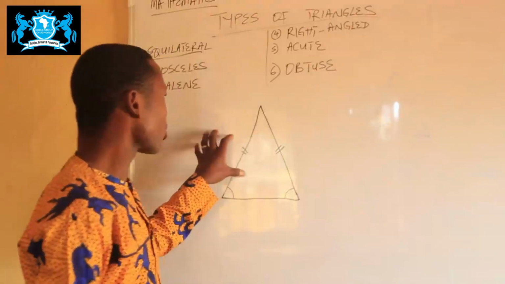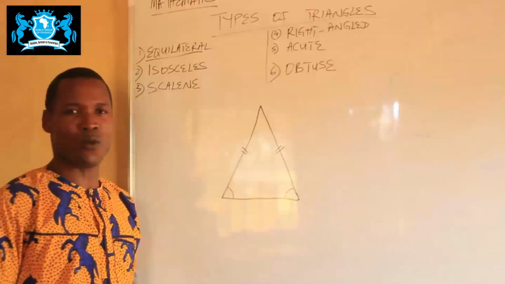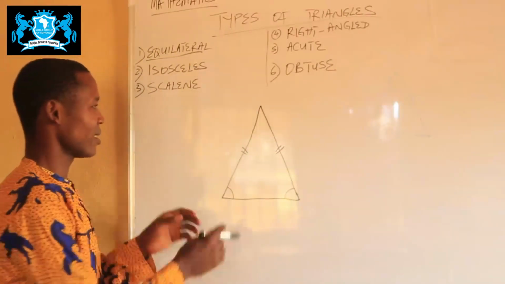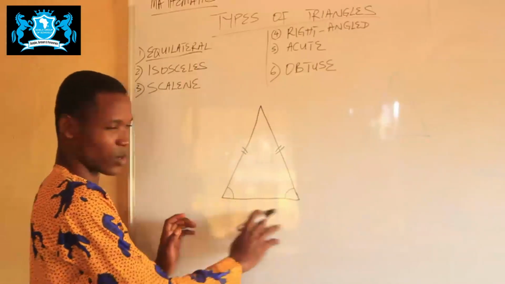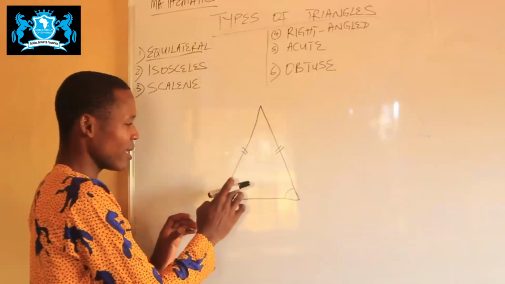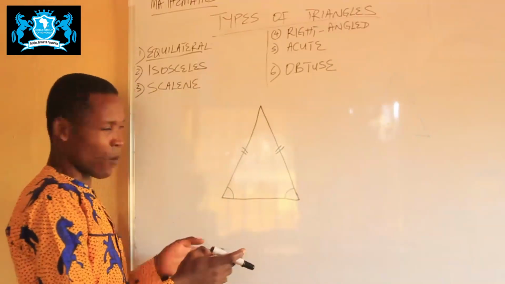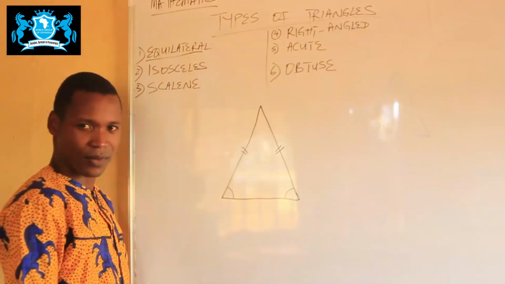A triangle in which two sides and two angles are equal. For instance, here and here are equal, but they are not equal to here. Then here and here are equal, but they are not equal to here.